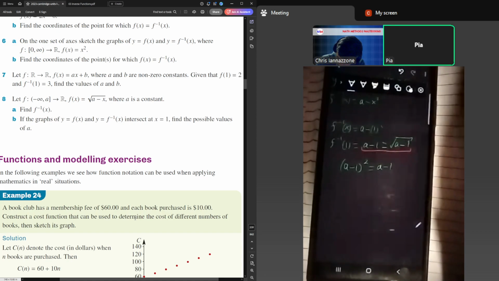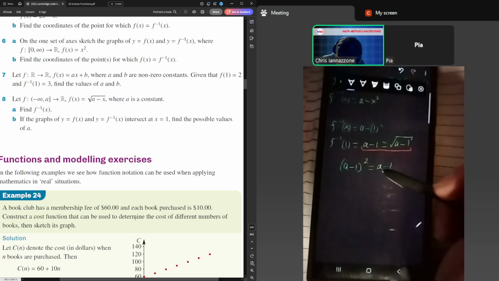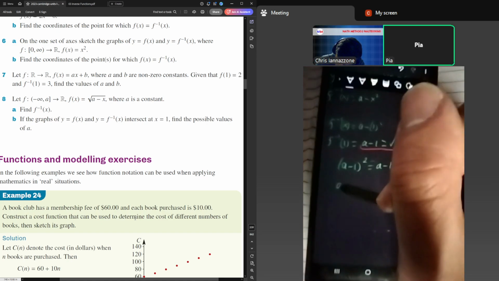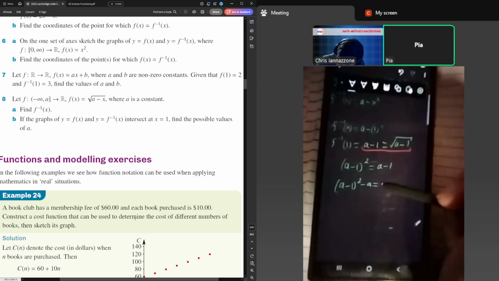And then get the a on the other side? Which a? There's a couple. What, bring this over here? Right to left? Yeah. Yep. a minus 1 all squared minus a equals minus 1.